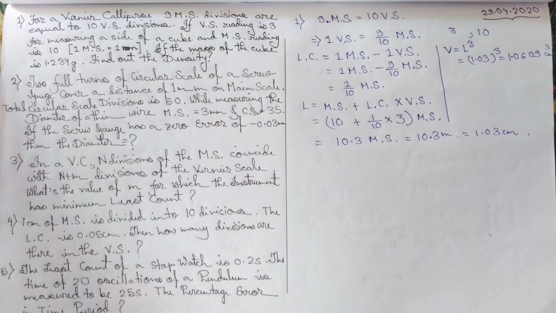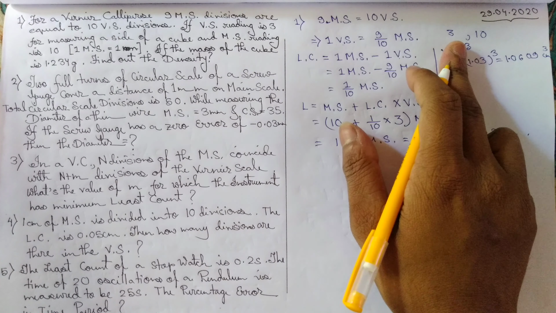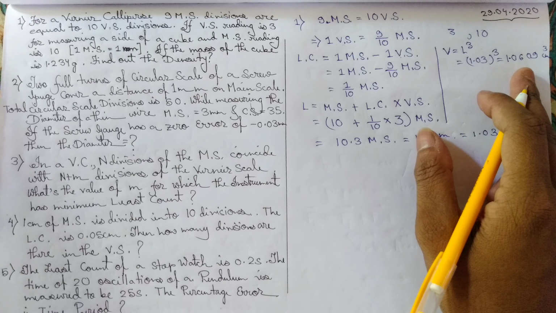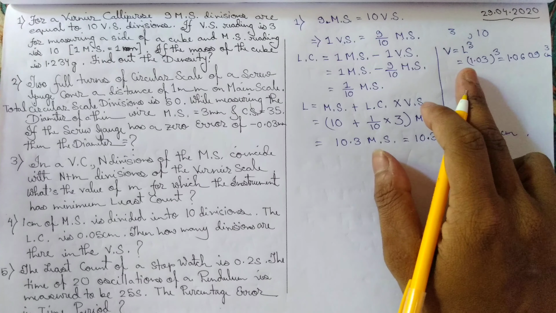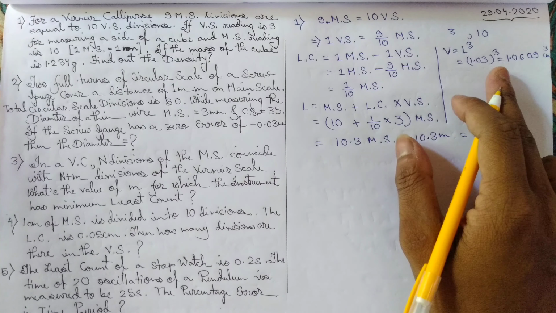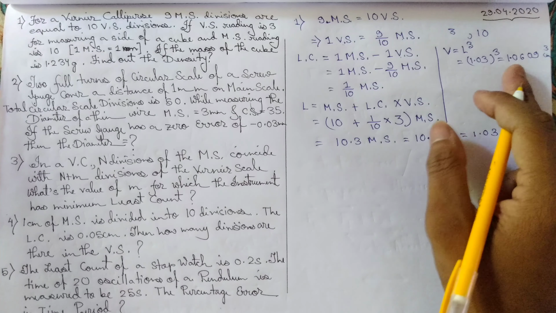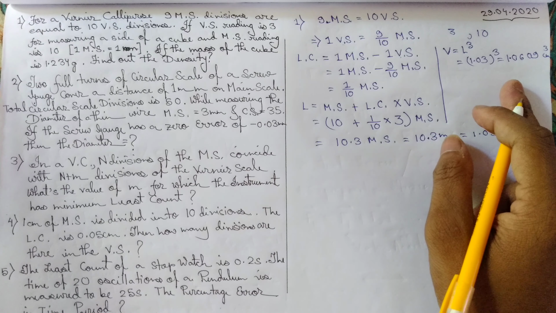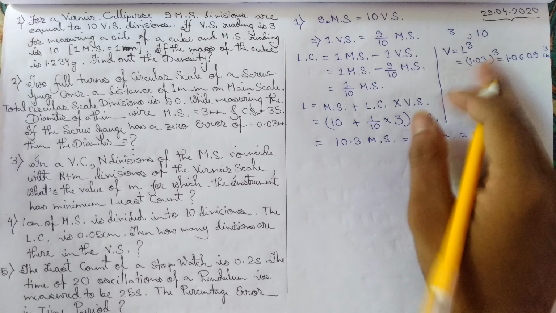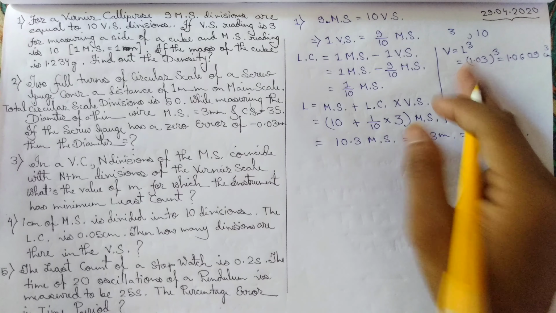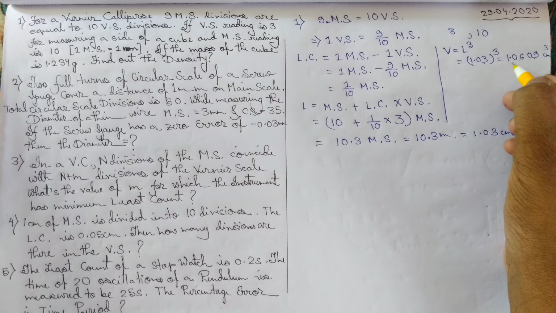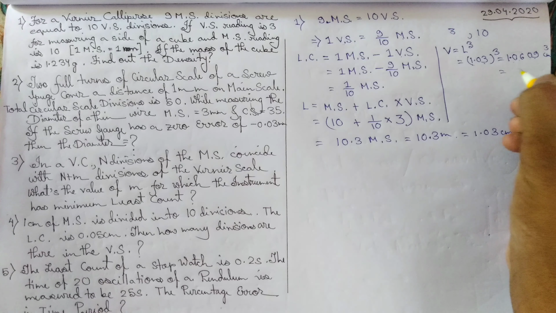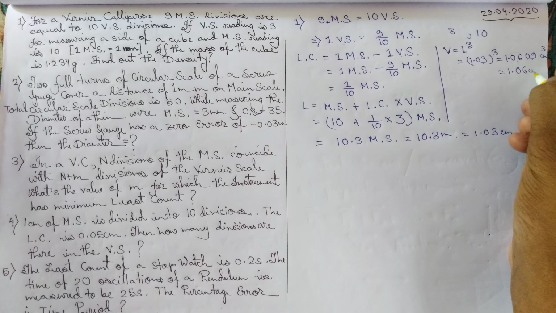Now from the concept of significant figures, we know in case of multiplication the significant figures in the result must be the least significant figures according to the numbers given. Here the significant figures is 3 and here it is 6. So we have to round off that result, and it will be 1.06 centimeter cube.